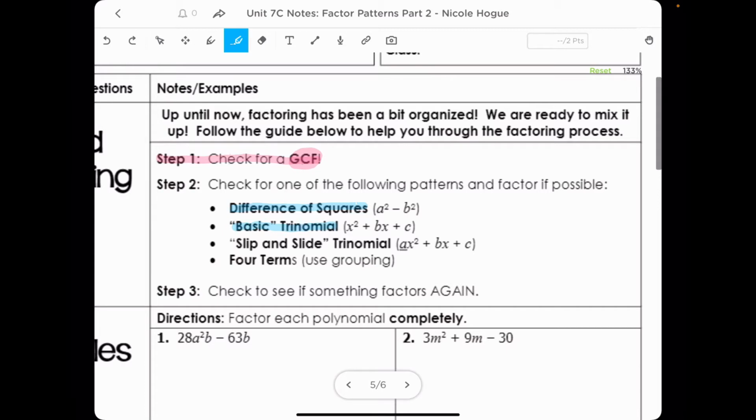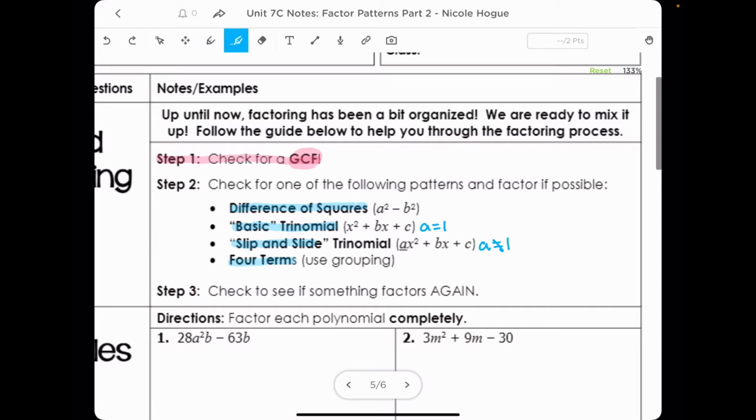Or a basic trinomial, which is when our leading coefficient is 1, so A is 1. The slip and slide method is when A is not equal to 1. And then we have the grouping method, which is when we have 4 terms.